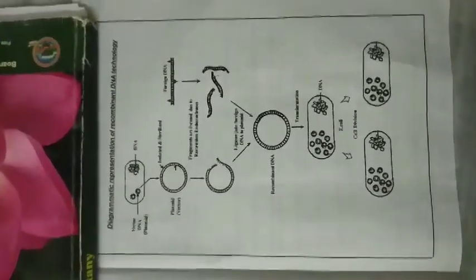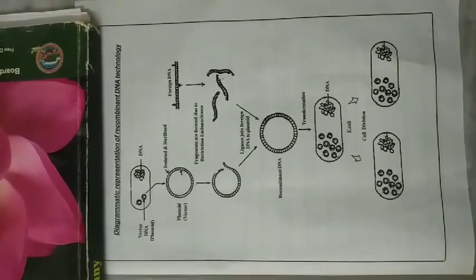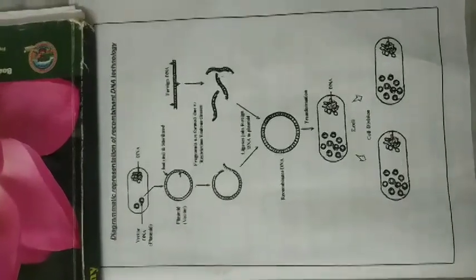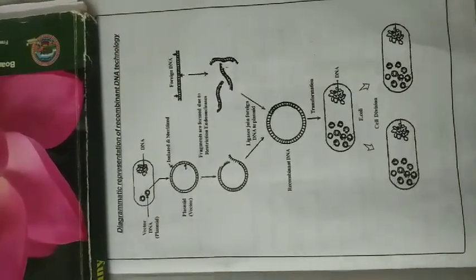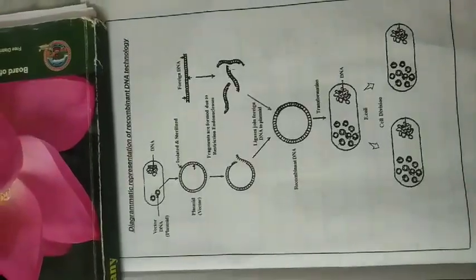I am showing one diagram for the RDNA process. All students are requested to read and write down the answer for this process. If you have any doubts, please interact with me.